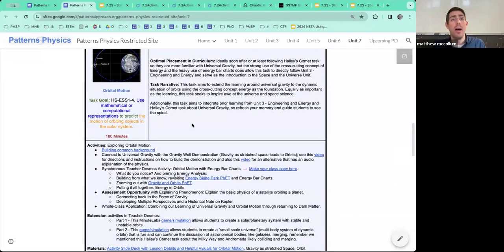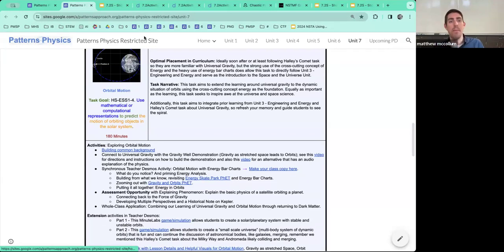For this activity, there are going to be lots of simulations that they're going to be using, and one of those connects the energy skate park that they did early in the year to orbital motion, looking at kinetic energy and gravitational potential energy on different scales.